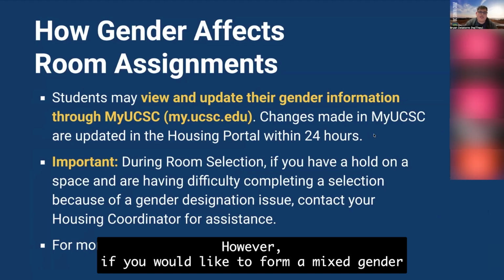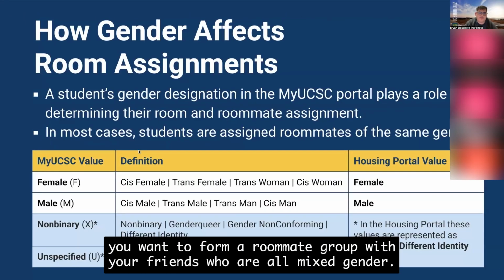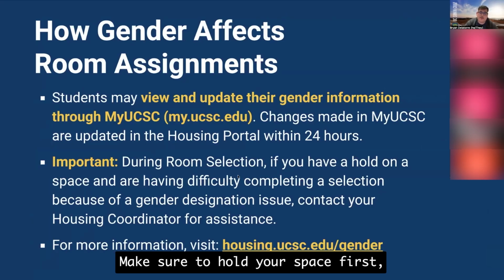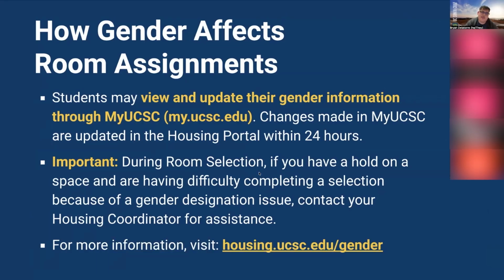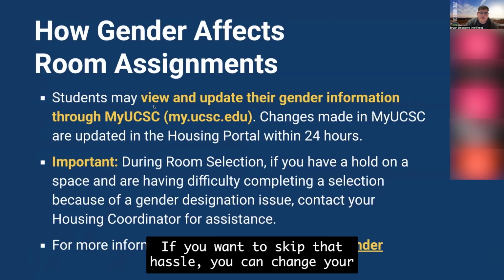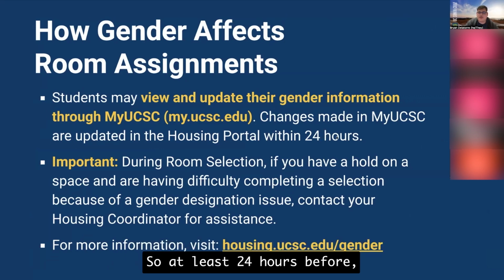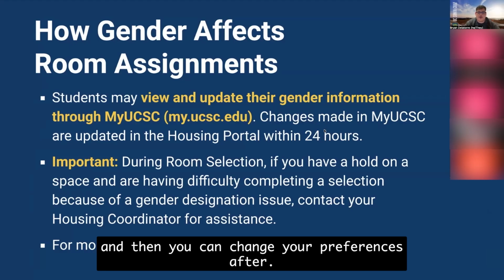However, if you would like to form a mixed gender group, let's say you want to form a roommate group with your friends who are all mixed gendered, you can, but you'll need to hold your space first, and then contact your housing coordinator for assistance so they can place you. If you want to skip that hassle, you can change your gender designation before your room selection time, so at least 24 hours before, just so you can all go ahead and make your room selection, and then you can change your preferences after.